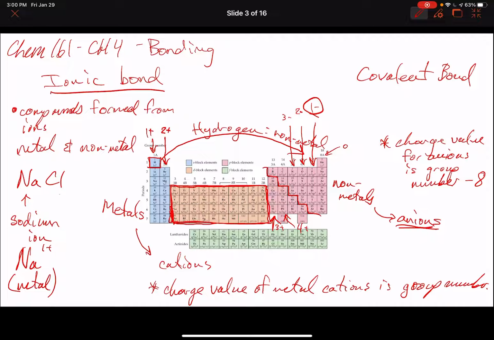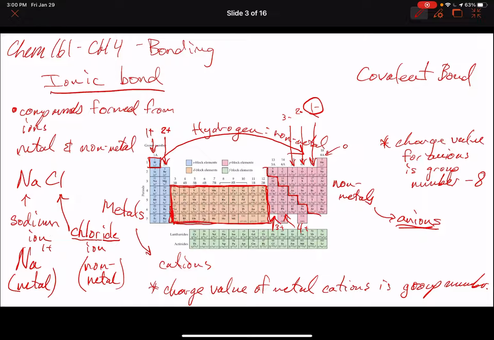The second half of this compound is chloride. Notice we have used the first part of the neutral element's name, and then we add the suffix "ide," chloride, and this is the chloride ion. This is the non-metal for this compound.